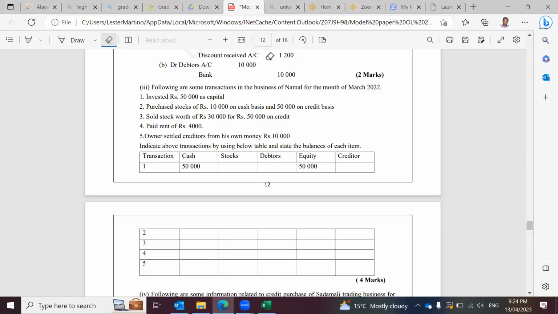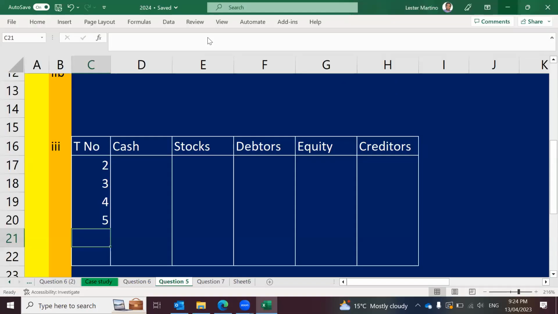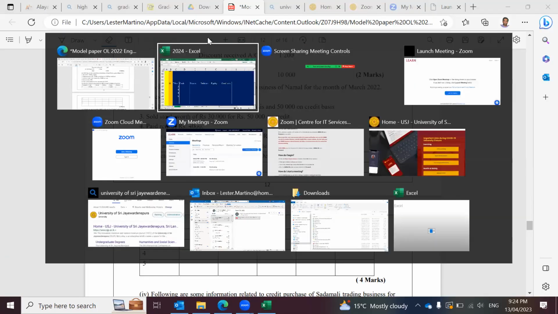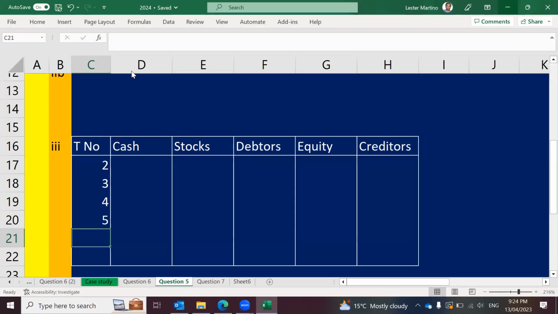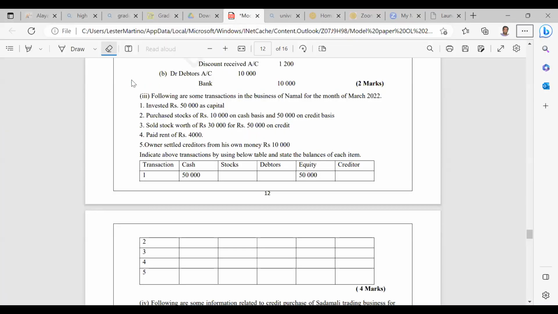Second one. Okay, I'll ask one by one. Minusha, what is the answer for the second transaction? Sir, could you show the transaction again? Yeah, give me a minute. Cash minus 10,000 rupees. Okay.